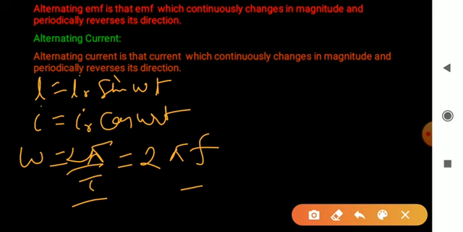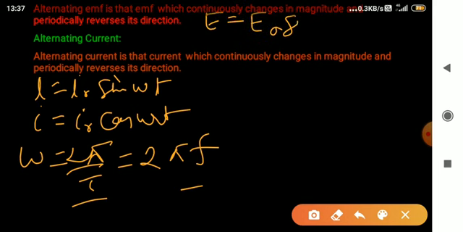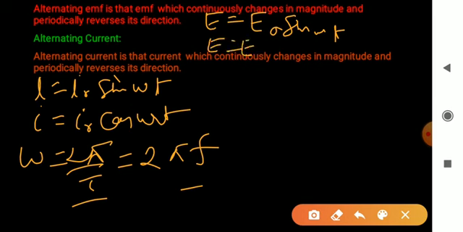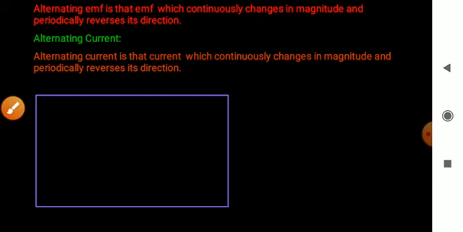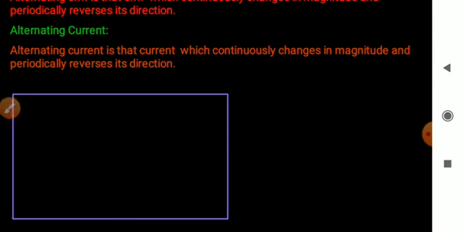And the instantaneous value of alternating EMF is given by E equal to E naught sin omega t and E equal to E naught cos omega t. Now this is the graphical representation of I and E as a sine function of time t.